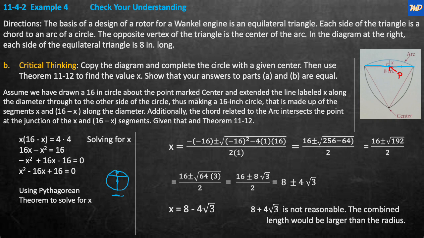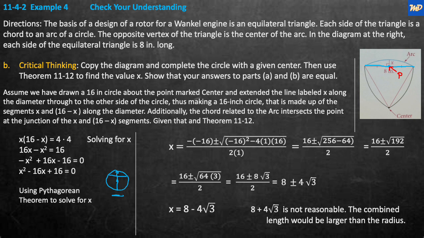So on the other side here, the formula says negative b, and b is minus 16, so it's minus a minus 16, plus or minus the square root of b, minus 16 squared, minus 4 times a, which is 1, times c, which is 16.